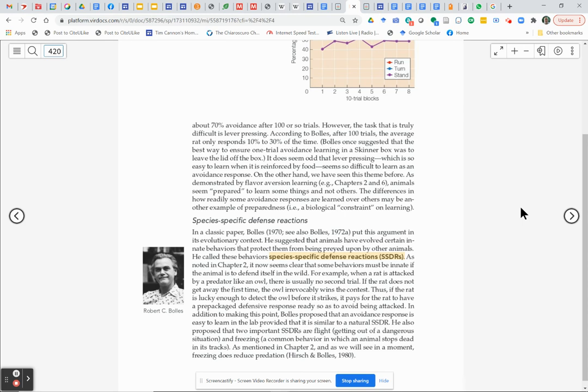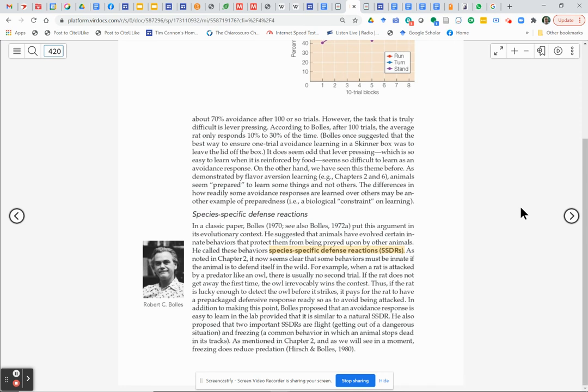The concept of species-specific defense reactions, SSDRs, is attributable to him. I had to write a comprehensive paper on it as part of my PhD process in grad school, and this is very important to me. I still didn't think about evolution too much, but Bolles was definitely helping me.